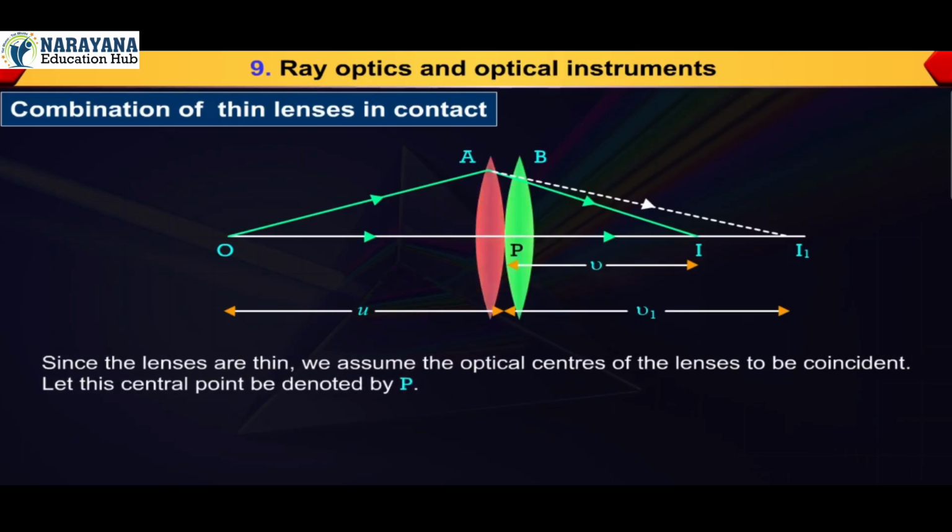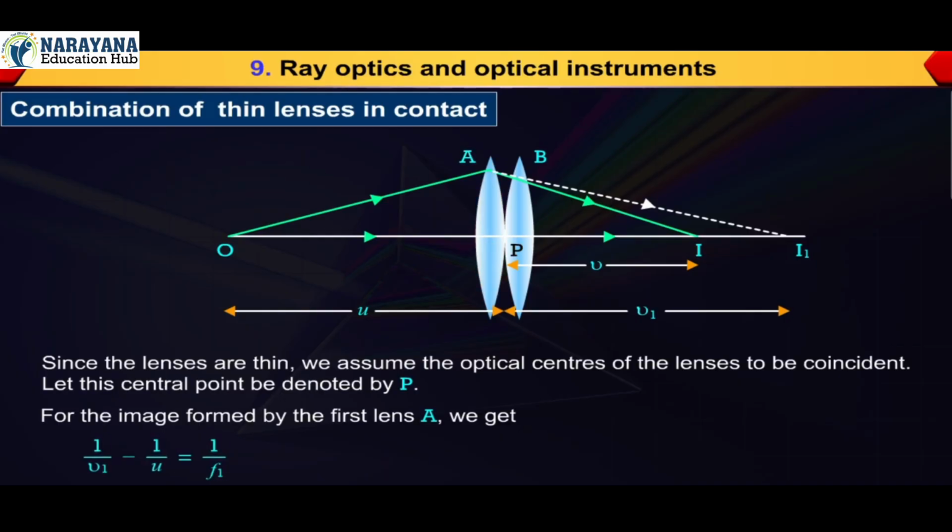Since the lenses are thin, we assume the optical centers of the lenses to be coincident. Let this central point be denoted by P. For the image formed by the first lens A, we get 1 upon v1 minus 1 upon u is equal to 1 upon f1, equation 27.